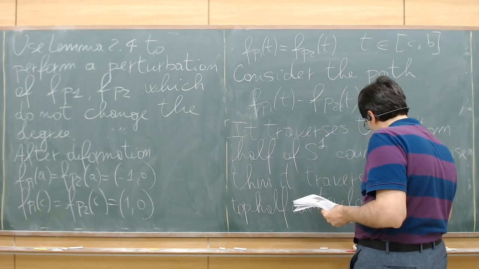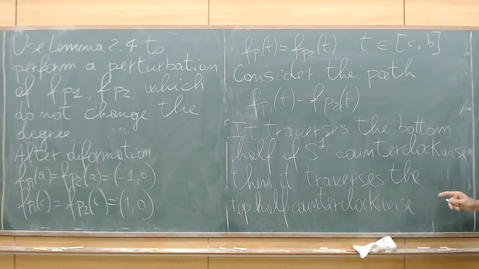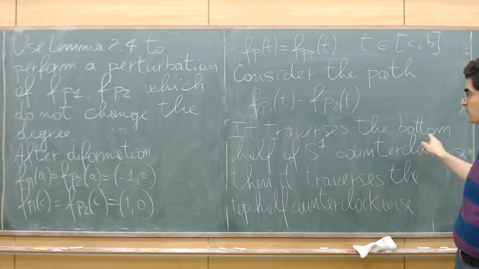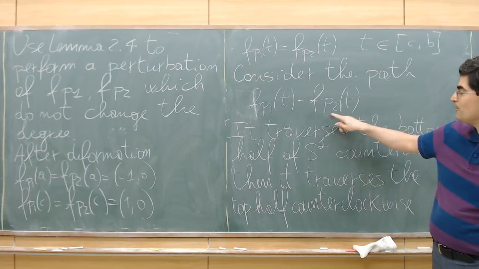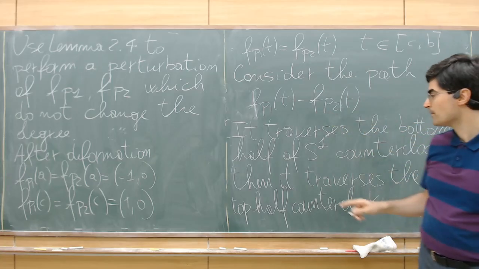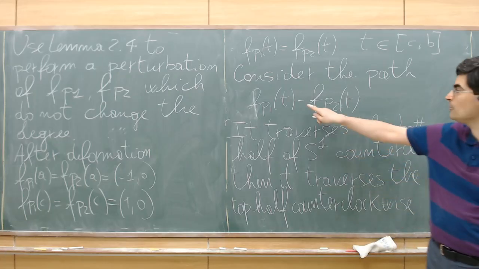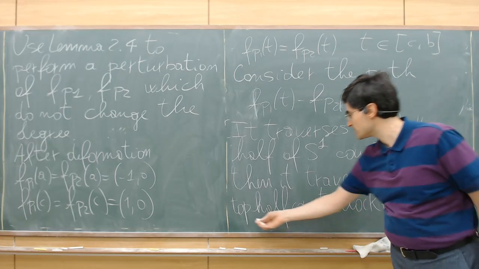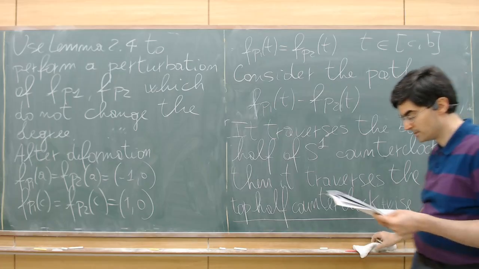So I repeat one more time why this is true: because fp1 traverses the bottom half of S1 counterclockwise, and fp2 traverses the top half of S1 clockwise, but here we put a minus sign in front of it, so we have that it traverses the top half of S1 counterclockwise.